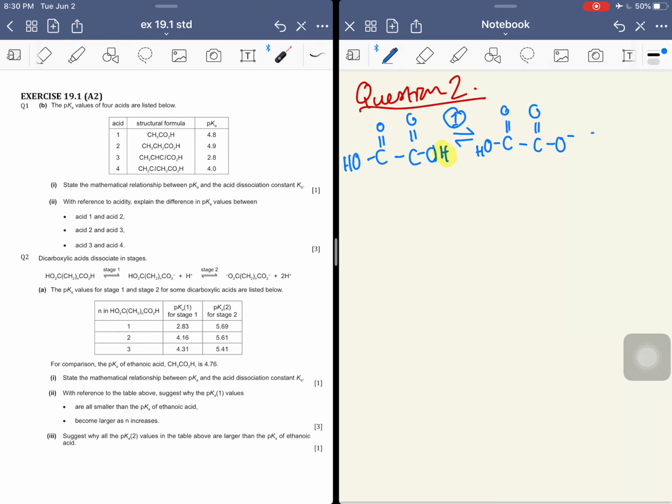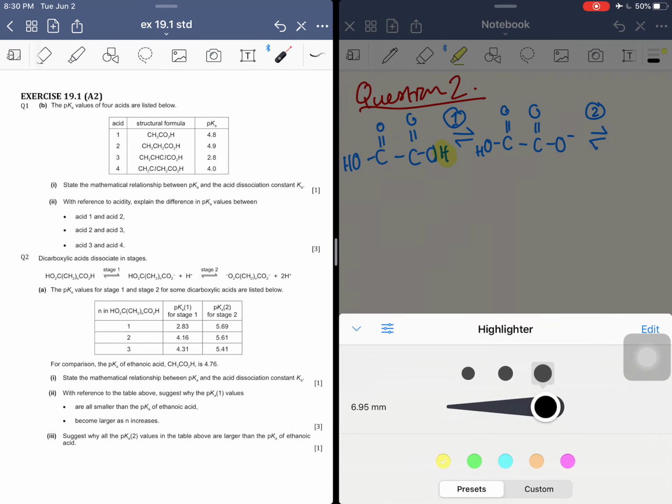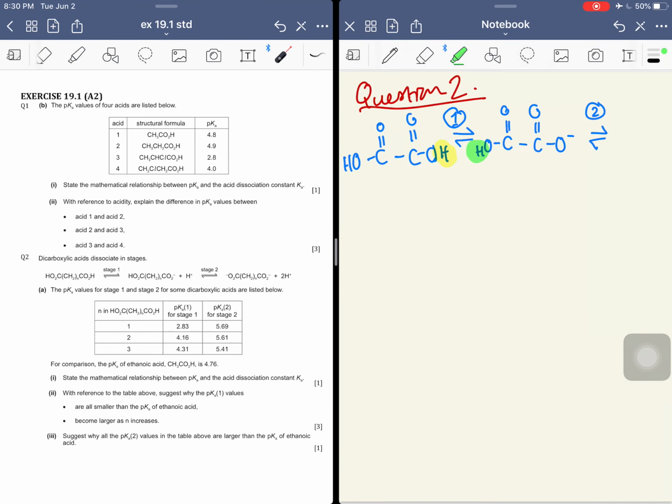Then the second stage is when you remove the other hydrogen ion, which is on the other side. When you remove the other side, you will get COO minus, COO minus.